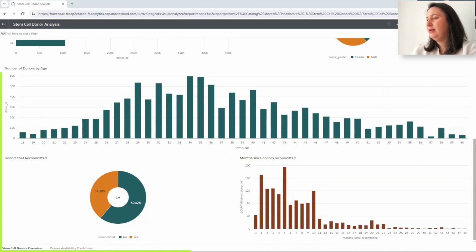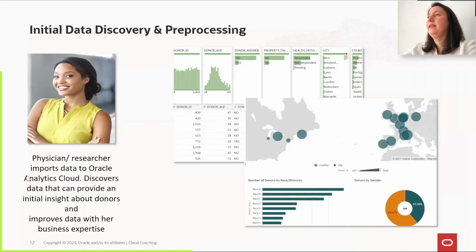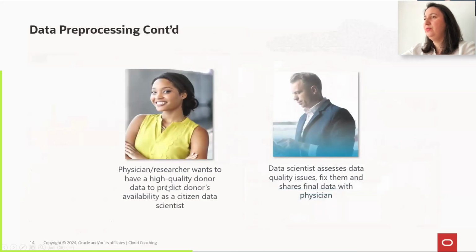Now, switching back a bit to slides. So we did the initial data discovery, and then moving forward, it will be very useful for me to be able to predict every donor's availability in order to simplify the donor selection process. And I will ask my data scientist colleague to build a model in order to do that.